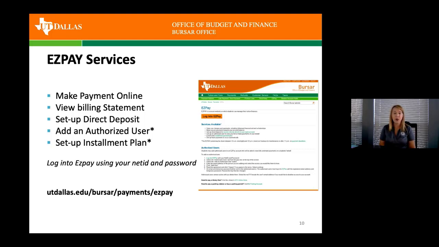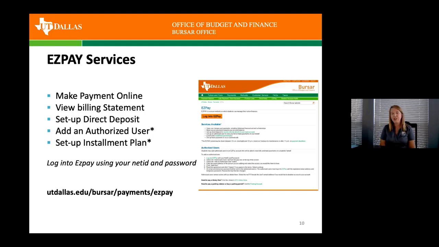Maybe it's a parent or a grandparent or someone that you want to be able to look at your account, just your billing. It's not going to allow them to see your grades or go in and register you for classes, because we ask that you do not give your net ID and your password out to other people other than yourself. And sometimes you may have a parent who wants to look at your information that has to do with billing, because they say, well, I'm helping you, or I'm going to be paying for you, so I want to be able to see that.